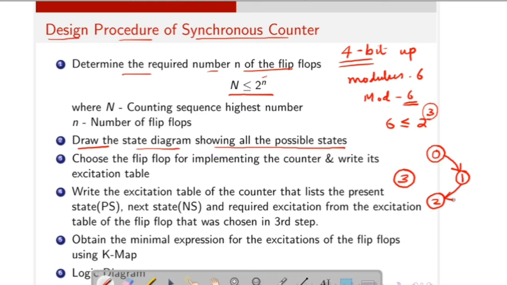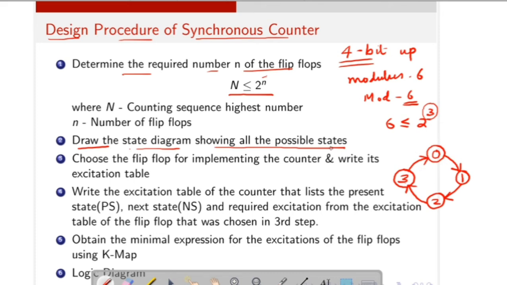Then 1 to 2, then 2 to 3. Then after 3 it goes to the starting state 0. So this is the state diagram of the counter. It counts 0, 1, 2, 3, then again 0, 1, 2, 3 like that. So a state diagram is a graph. It has vertices and edges.